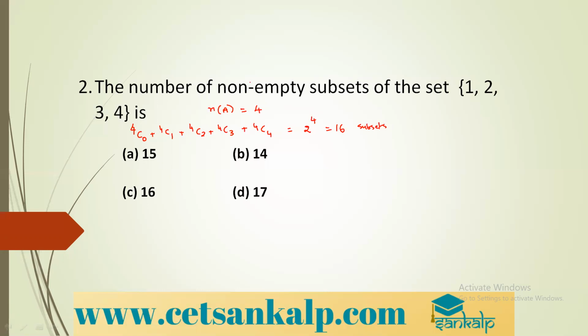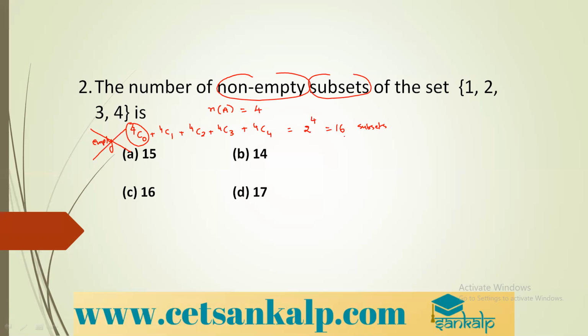But the word non-empty, the subset should not be empty. When you are selecting from 4 nothing, this will be empty subset because you are selecting nothing. But they don't want this empty subset.